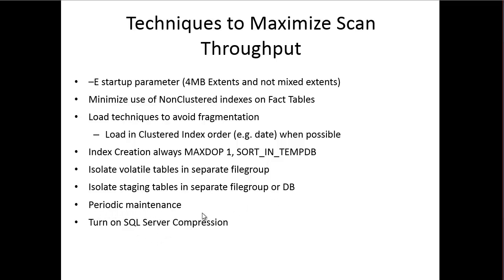Periodic maintenance is a necessity here, and the necessity revolves around fragmentation. And of course, I've covered compression. Compression can be very helpful in terms of performance, and in terms of space used by your fact tables and things like that. So there you go.